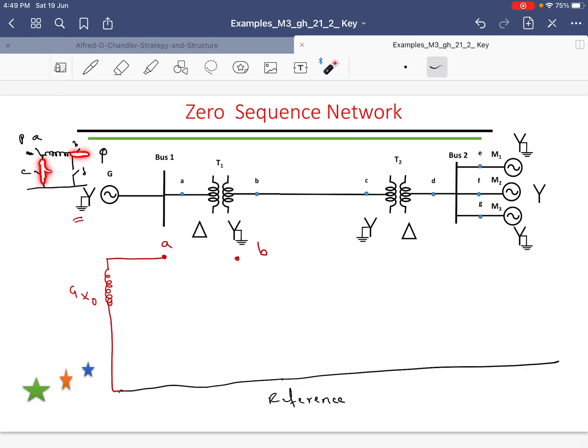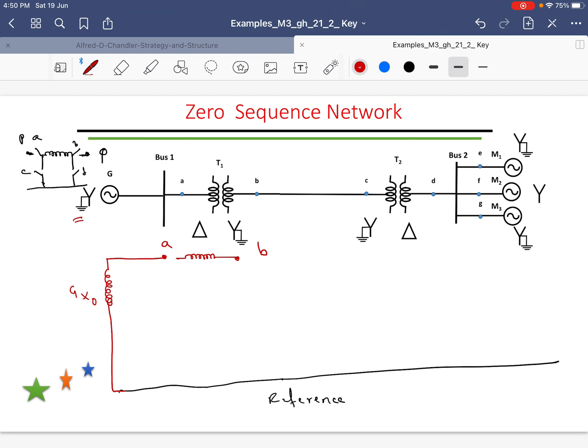Therefore there is a connection from Q to Z0 or X0, that too goes to ground, and to the primary side it is open. The same concept I am showing here, that is towards A, that is towards P, it is open. Towards Q it is closed, that is B is closed.